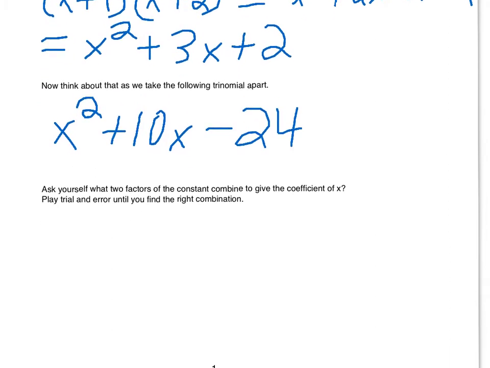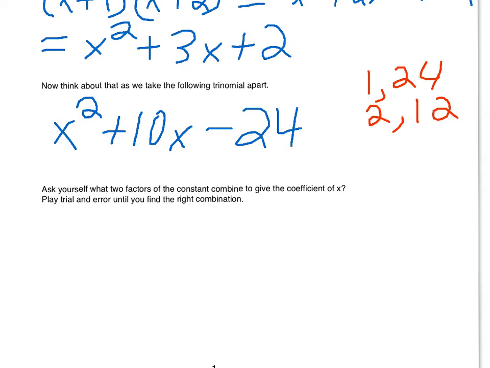So let's think about the factors of 24. There are 1 and 24, which if we subtract those, we'll get a 23, or a negative 23. That's not going to work. 2 and 12. If we subtract those, we'll get a 10 or a negative 10. There we go. That's going to be the set that we use.